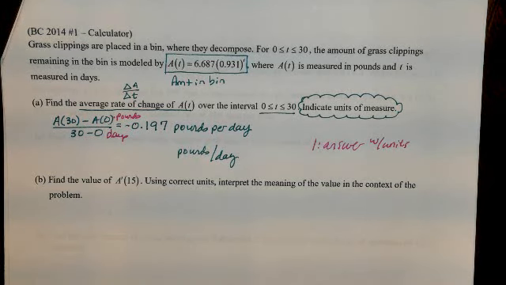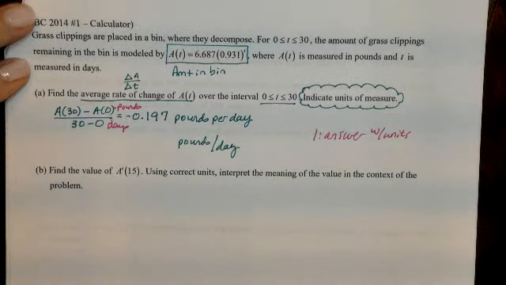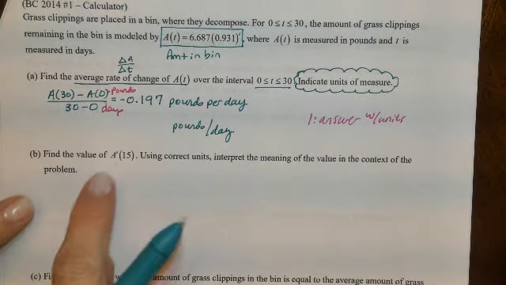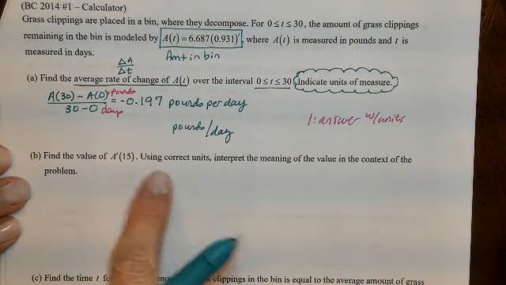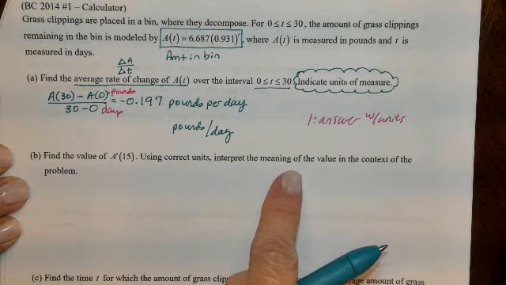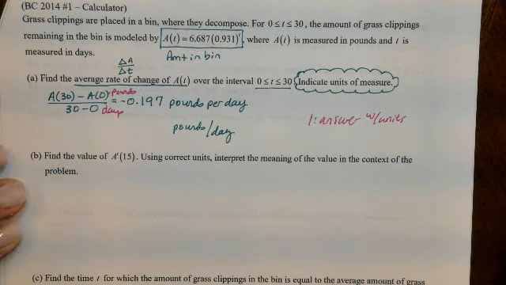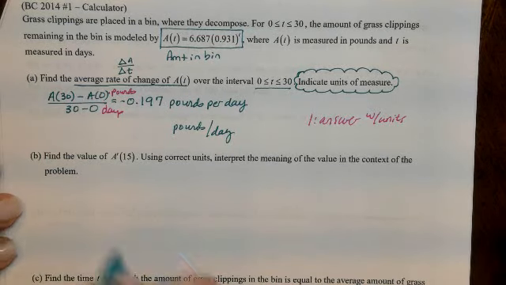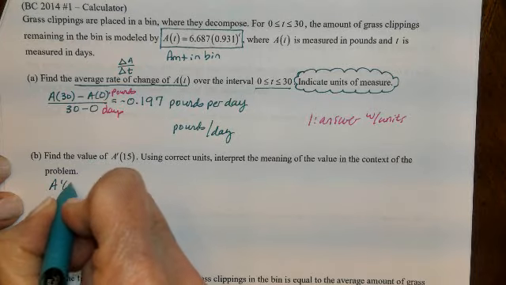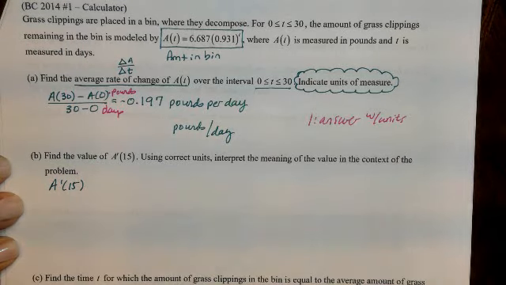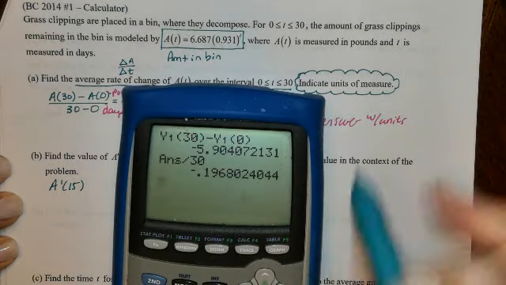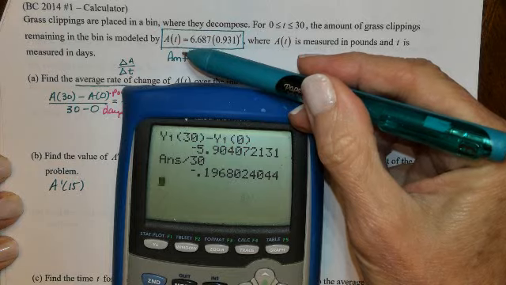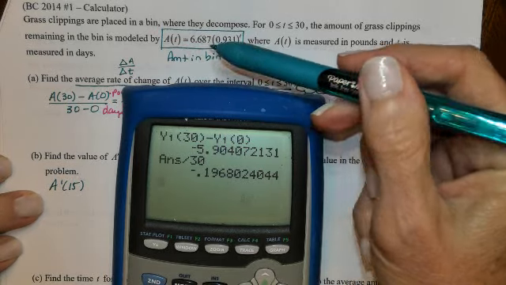Okay? All right, part B. Find the value of A prime at 15, and then using correct units, interpret the meaning of the value in the context of the problem. So first, A prime of 15, that's just a calculator question because I can do that in my calculator. I have A, so I can find A prime.